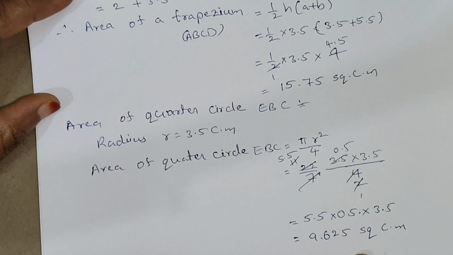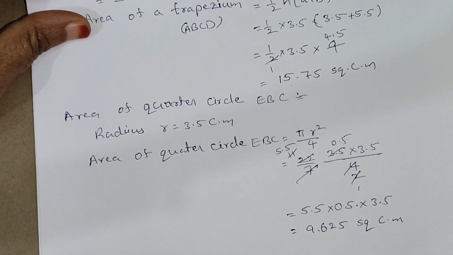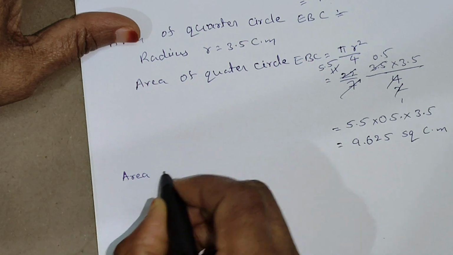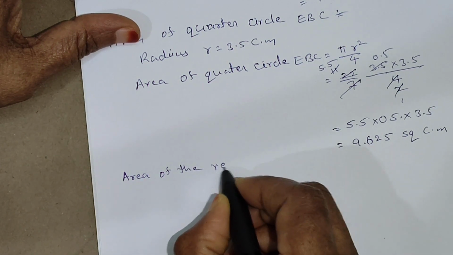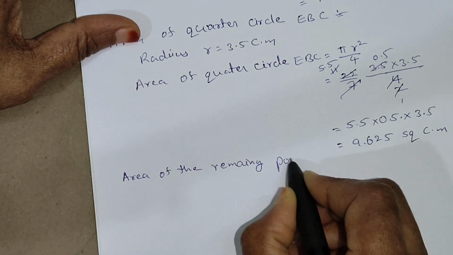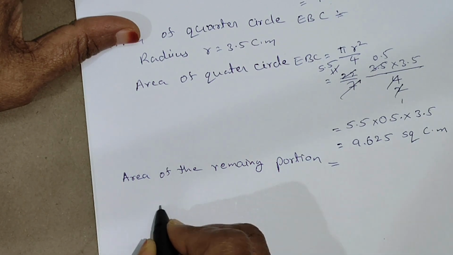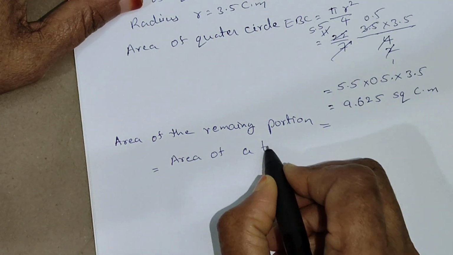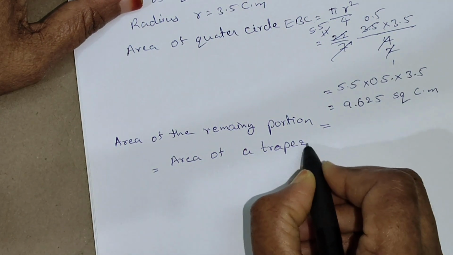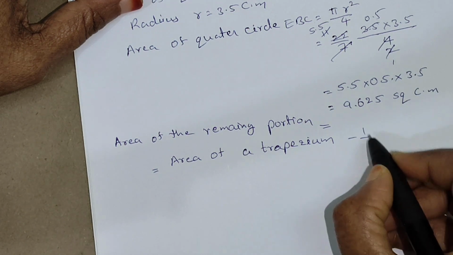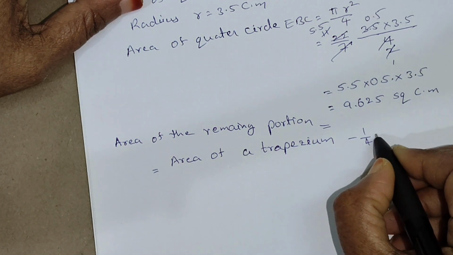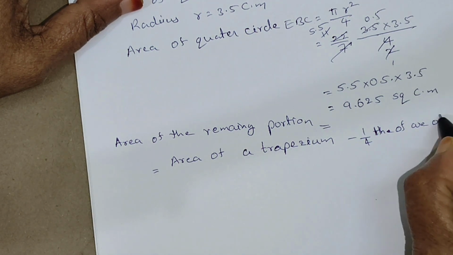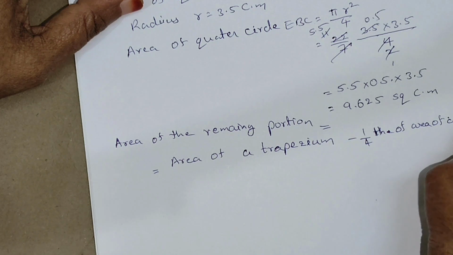So now we know the trapezium area, and next this is the quarter circle area. Now we find the remaining portion, the shaded region area. The area of the remaining portion is equal to the area of the trapezium minus 1/4th of the area of the circle.